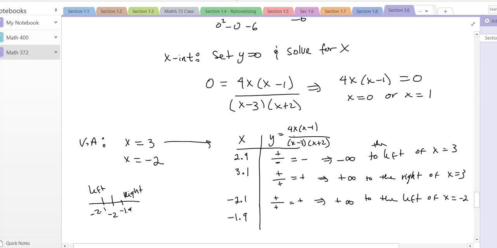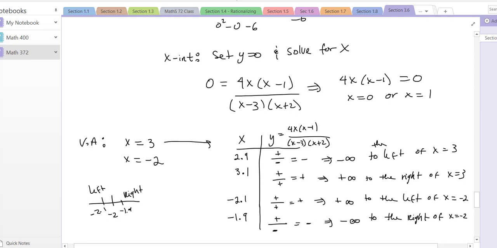So negative 1.9, plug it in, so that's negative, that's still negative, negative times a negative is positive again, over negative 1.9 minus 3, that's negative, but now negative 1.9 plus 2 is positive, so we have a negative times a positive, which is negative. So positive divided by negative is negative, which means we're going to negative infinity to the right of x equals negative 2.